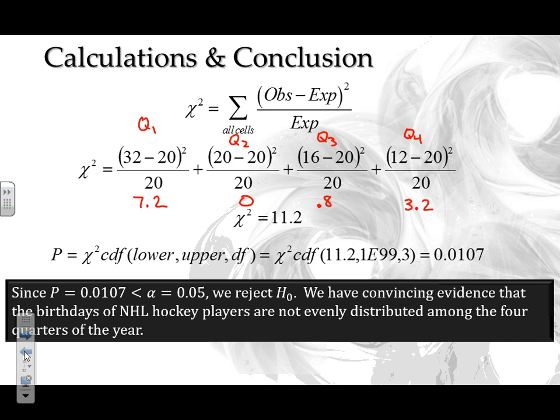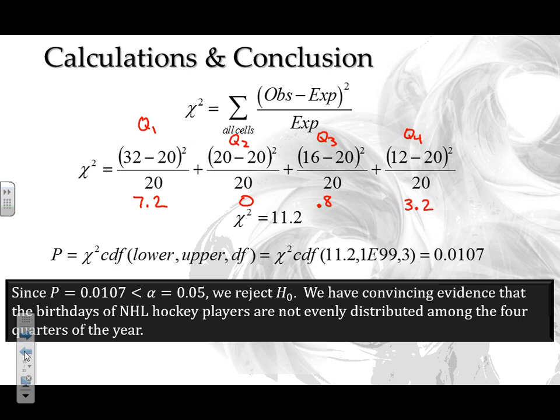Okay? Sometimes you might have a couple that are pretty high contributors. The other one would be our 3.2, quarter 4. And what do we notice about quarter 4 as it pertains to its contribution? It's quite a bit lower than expected. There were many fewer NHL players born during quarter 4 than we expected to see based on our original distribution.